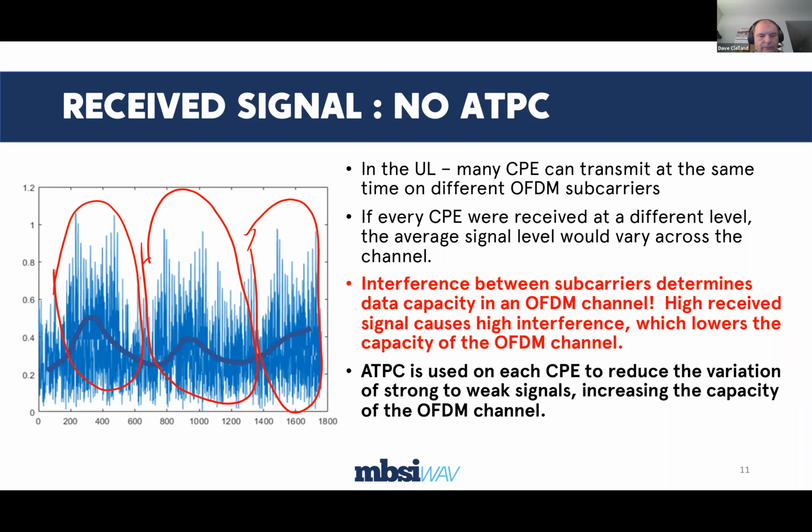Now, it is possible that this energy is high enough that right in here, I'm causing subcarrier interference in between the transmissions that we want here. So these might be very, very hard to decode.